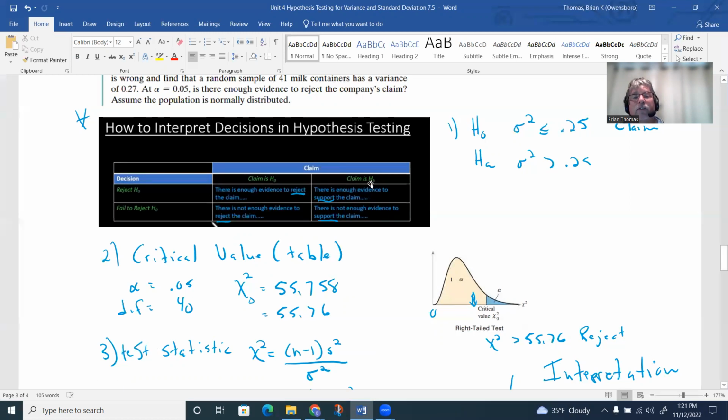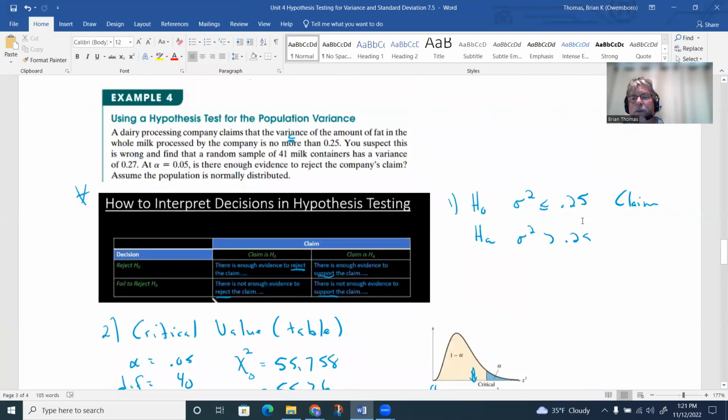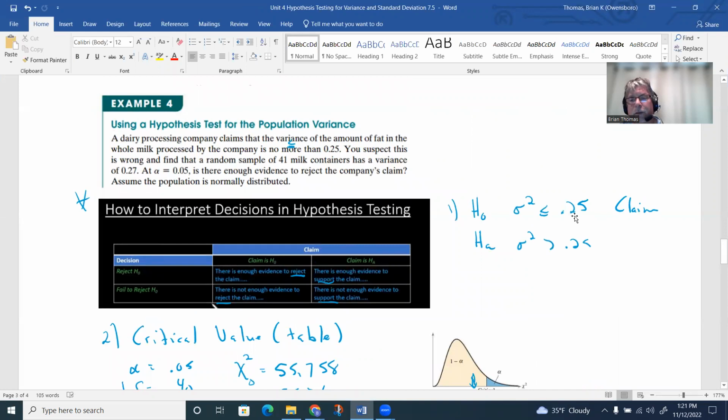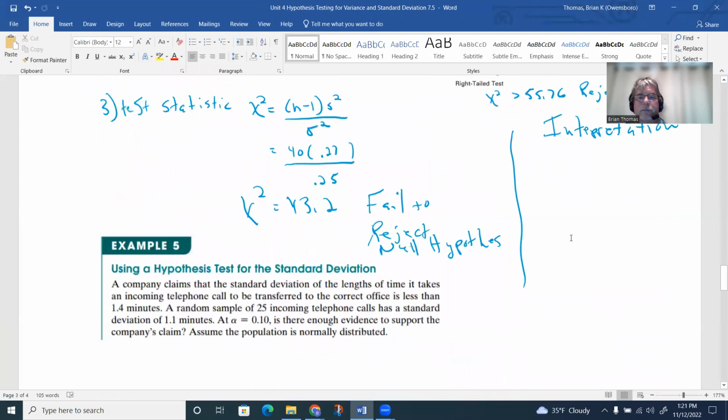If our claim is the alternative hypothesis, we're going to be using words like support. Based on what we said to begin with, our claim was the null hypothesis, so our vocabulary needs to use the word reject. Since we failed to reject the null hypothesis, that means we're keeping the null hypothesis.